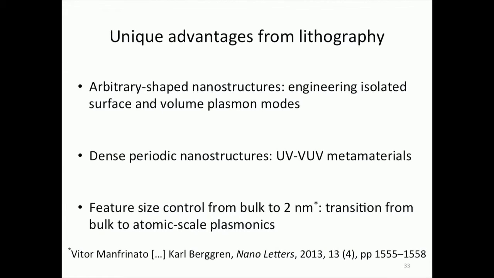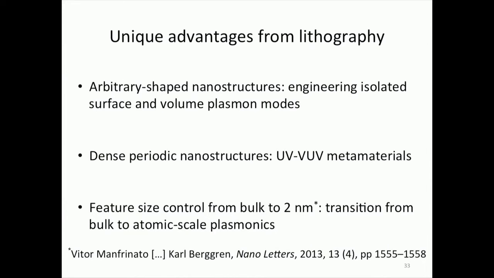Furthermore, you could, for example, pattern structures that are really close together, high density structures, in order to engineer UV and VUV metamaterials. And in this case, you not only get an effective dielectric constant by putting structures close by, but by doing really high resolution patterning, you can locally modify the dielectric constant, adding another degree of freedom for metamaterials.